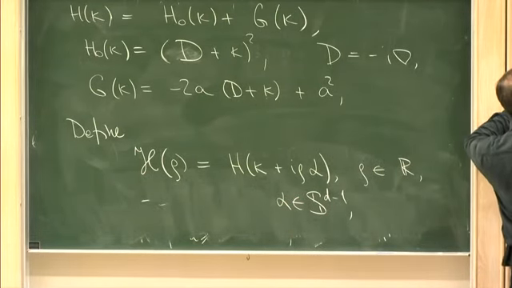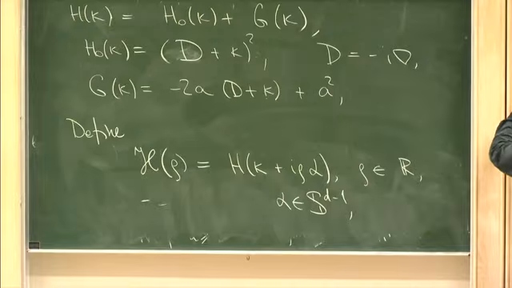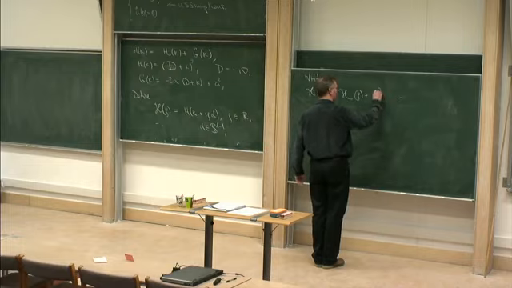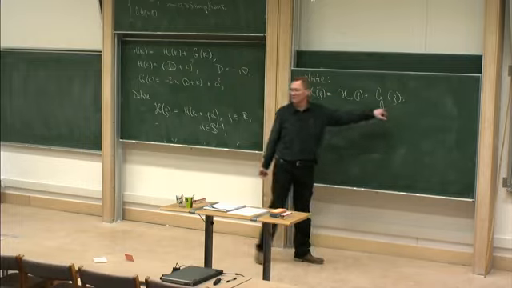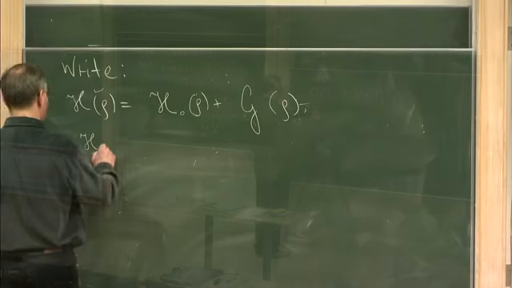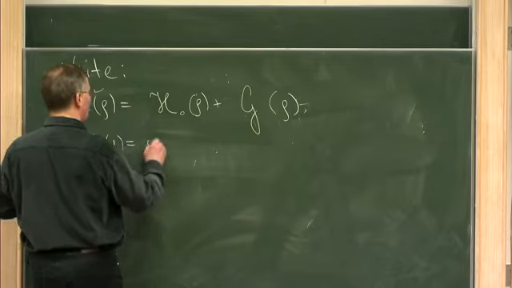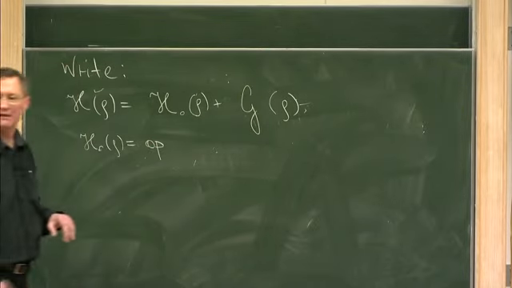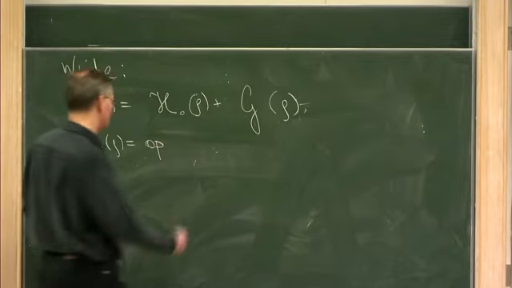So h of rho is h naught plus the perturbed part, handwritten g. This time I want to write it as a pseudo differential operator. This will be convenient for me.